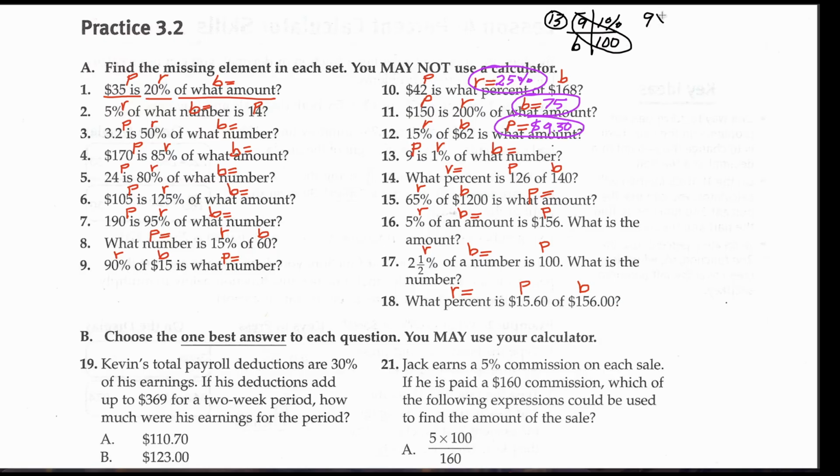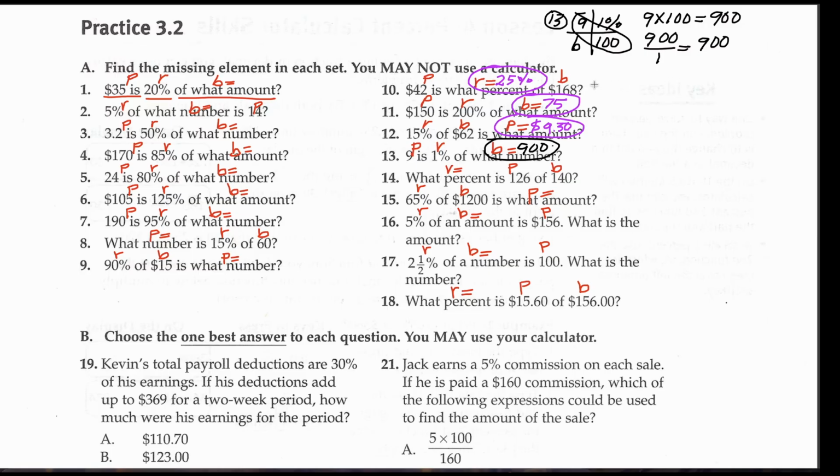So 9 times 100, we get 900. Now, step 2, 900 divided by 1. So we should get 900. So in this case, the answer for B is 900. Let's put 900 here. And we may circle that answer.